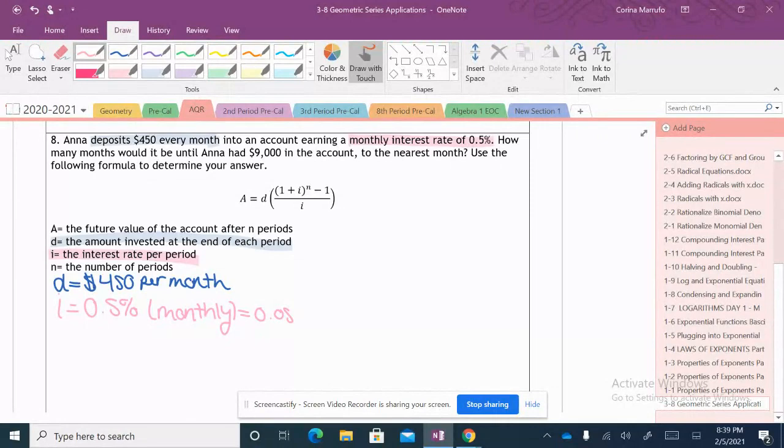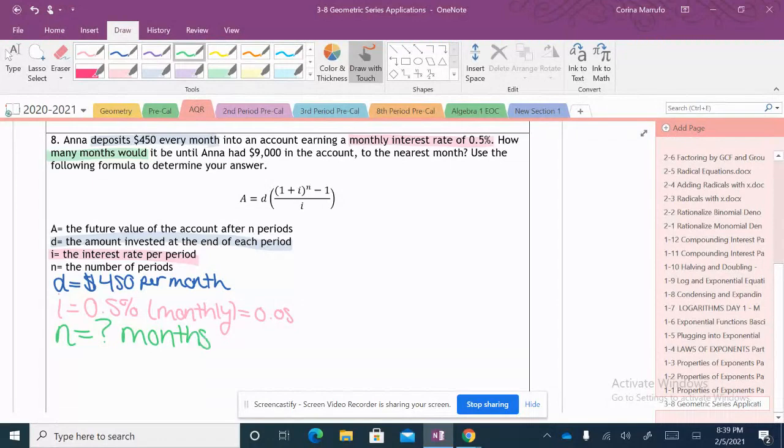All right, and then it says how many months. So we are looking for the number of periods because it's saying how many months. So I'm going to put here N. We don't know what that is. We are looking for it, in terms of months.